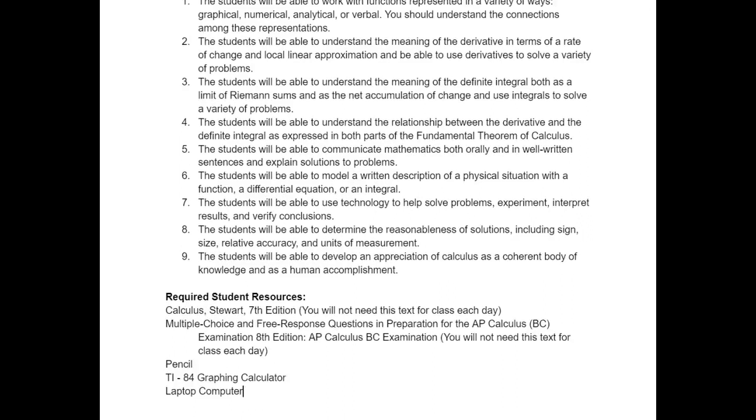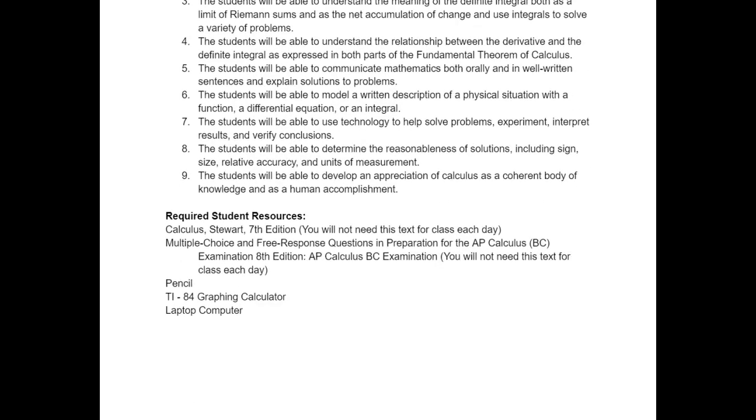All right, so things that you need for class. The book you don't need to bring with you every day. I will. It's the Stewart 7th edition of the textbook. I'll alert you on days that you need to bring this. I will probably also send out an email as well, so just be aware of that.